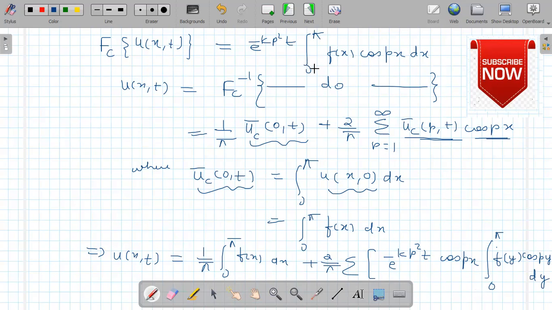This integration has nothing to do with this cos px. You can also replace this variable x by y and write here f(y) dy, to make it different from x. So this is the answer.